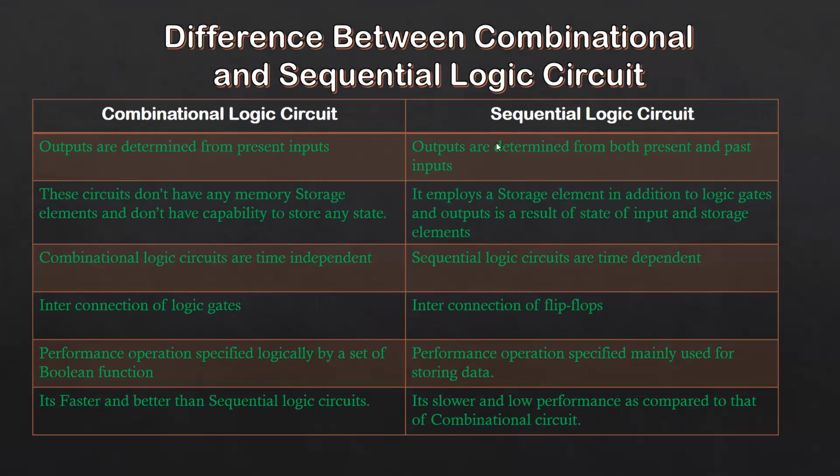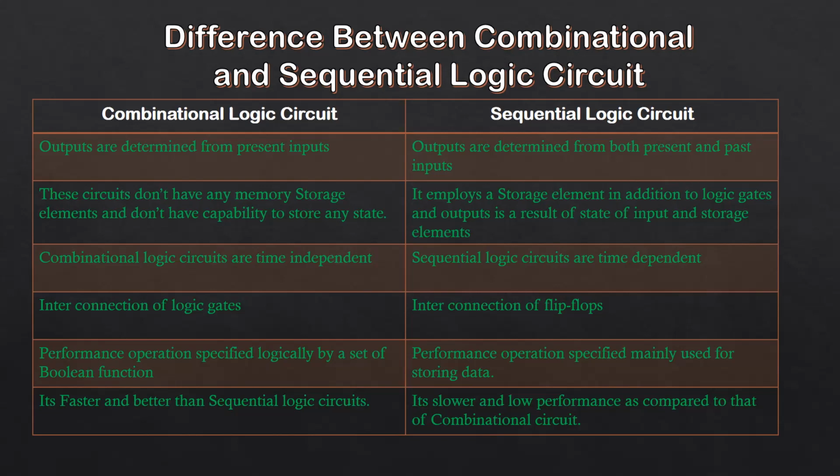When we consider sequential logic circuits, they are in contrast, where they not only give the output by seeing the present input, but also they see the past input values. It has a special element in addition to logic gates, called a storage element, that means memory.